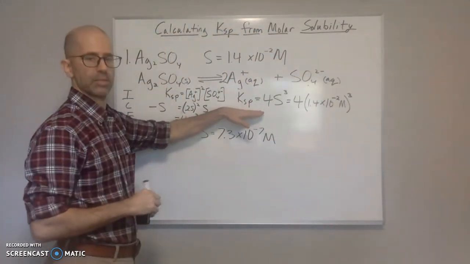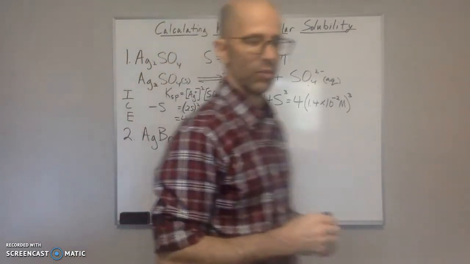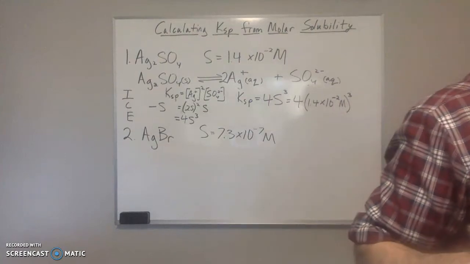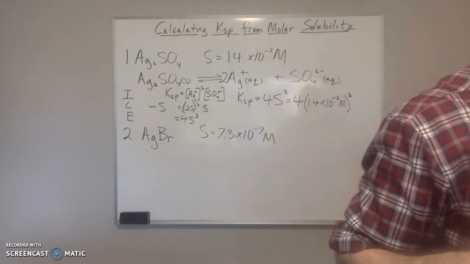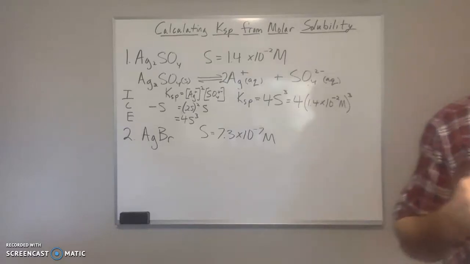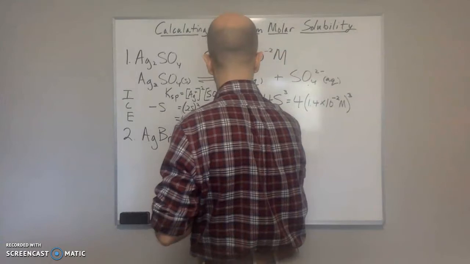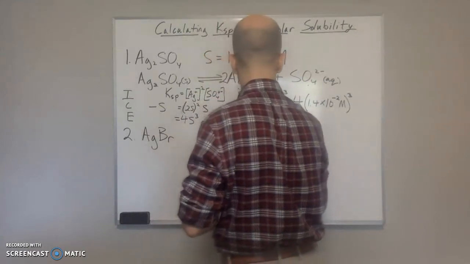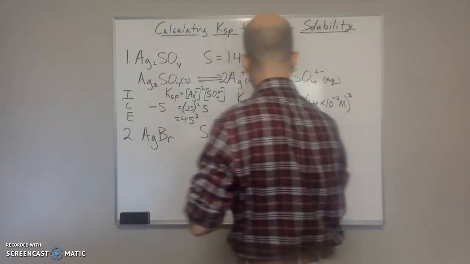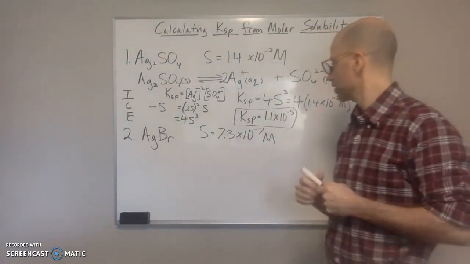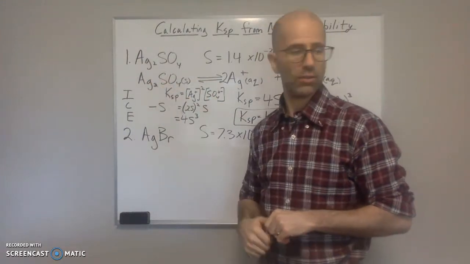Now to find the Ksp, all we need to do is the calculation, and we get 1.1 times 10 to the negative 5. So Ksp is equal to 1.1 times 10 to the negative 5. That's the Ksp of silver sulfate.